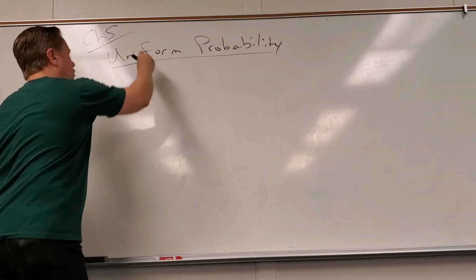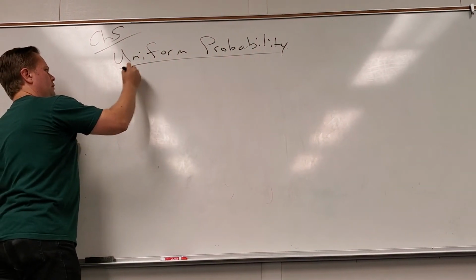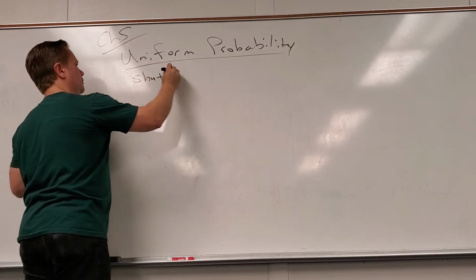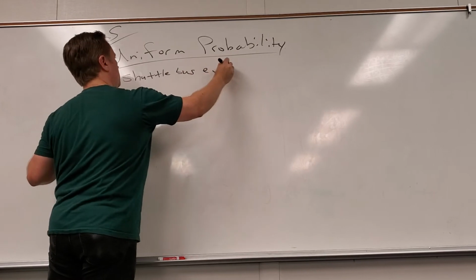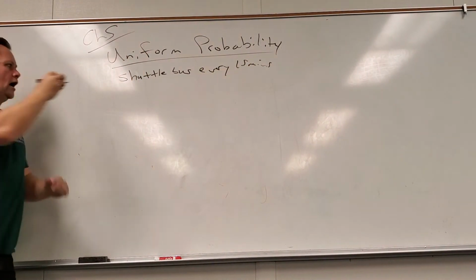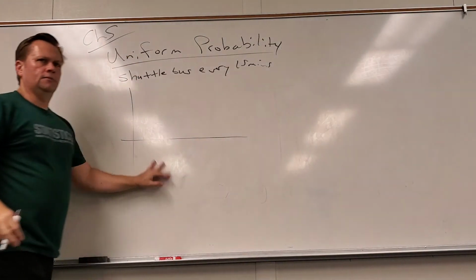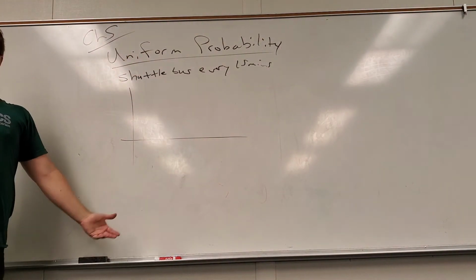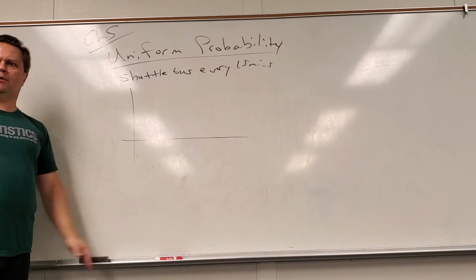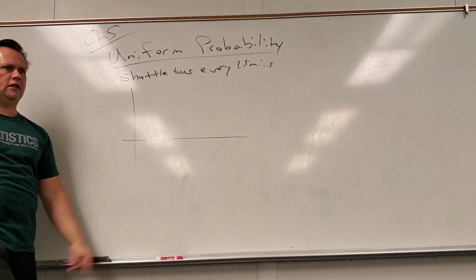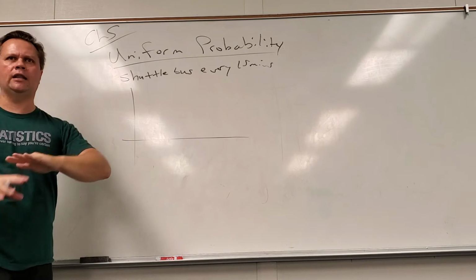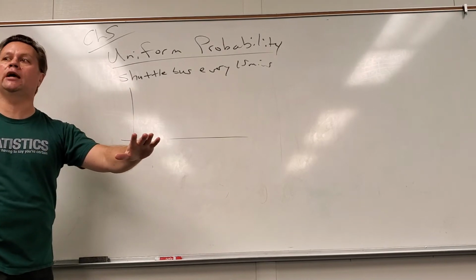For a shuttle bus every 15 minutes, I have no idea when I get there. If it's just leaving, I've got to wait 15 minutes. Or I could get there right when it's pulling up, and wait 0 minutes. And anything in between could happen equally likely.